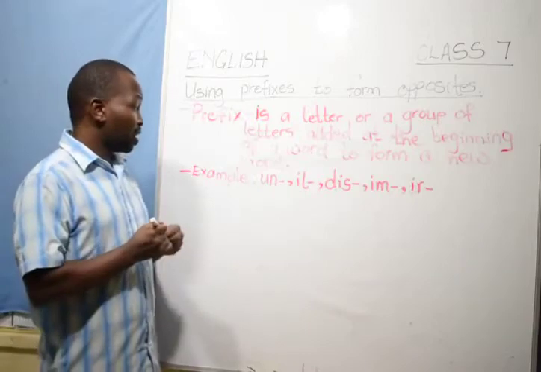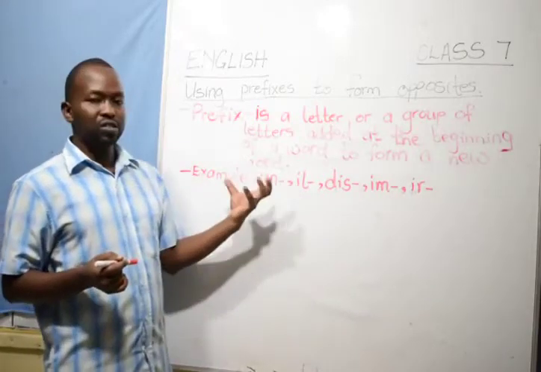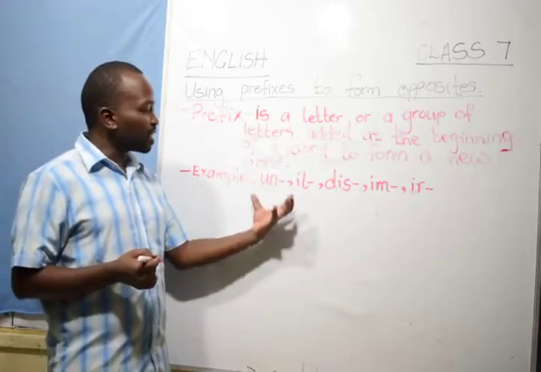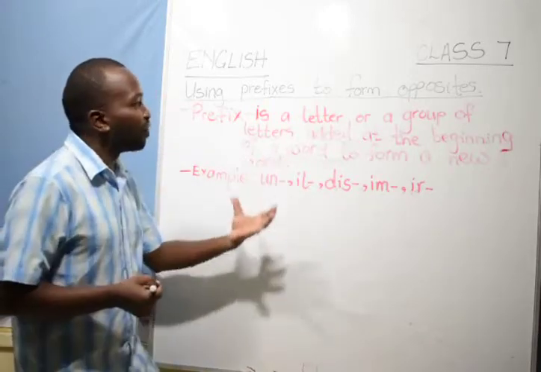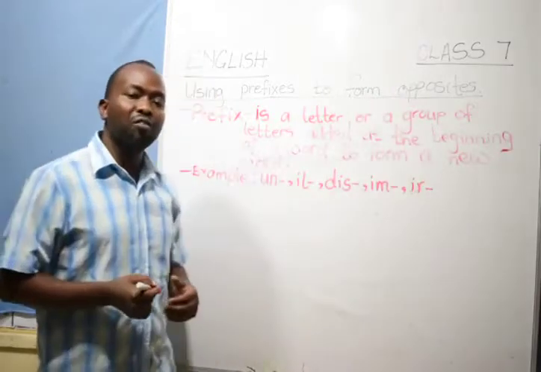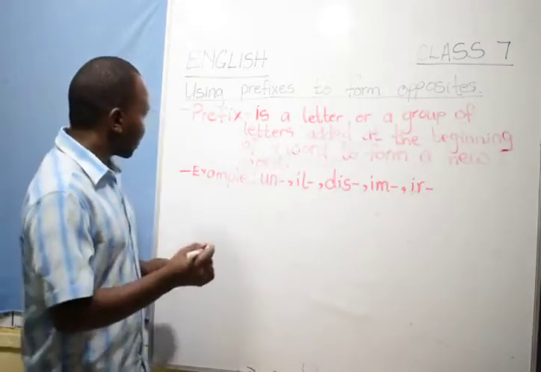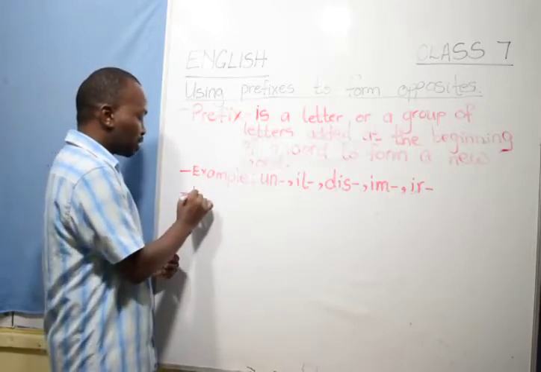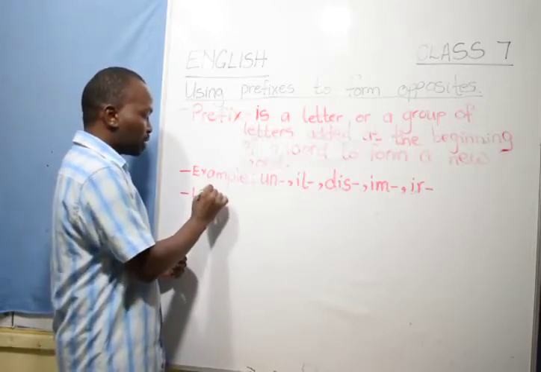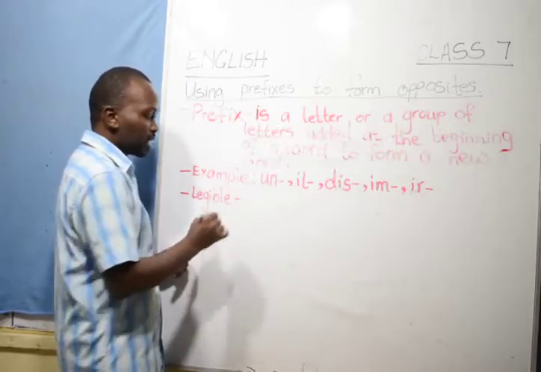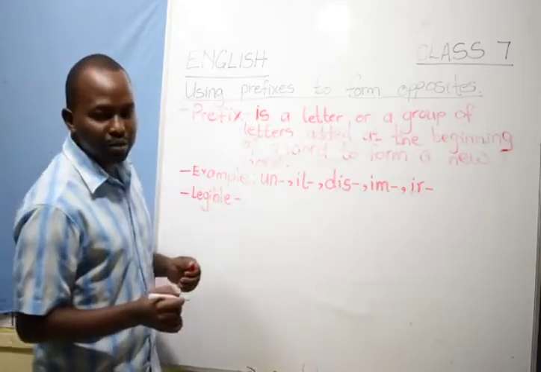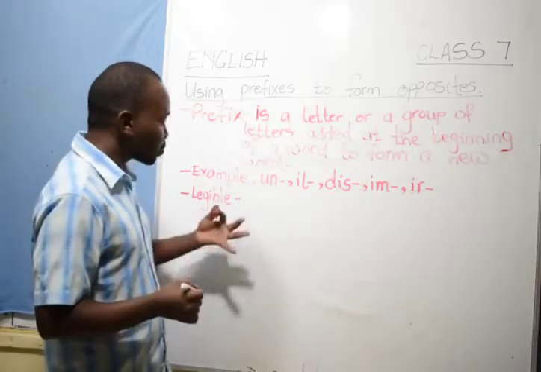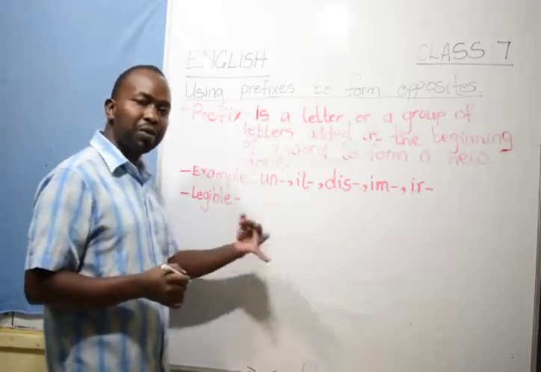Now, when these prefixes, or these letters, are used at the beginning of a word, they form the opposite of that word. For example, we have the word legible. What does legible mean? Yes, legible means able to read, or able to be read.